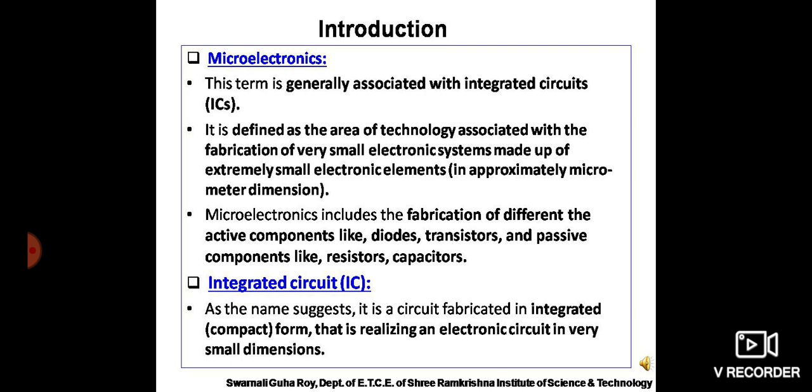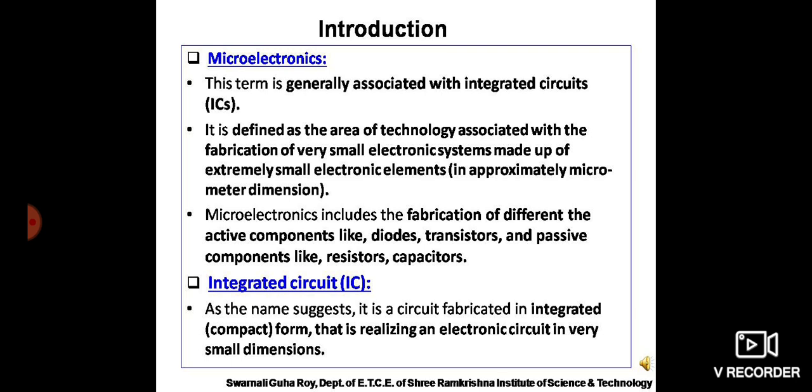Integrated circuits, as the name suggests, are circuits in integrated form. Why have I written this? The word integration is basically related to mathematics. In mathematics, when we did integration, we actually wanted to see a very wide, large change in a very compact manner.